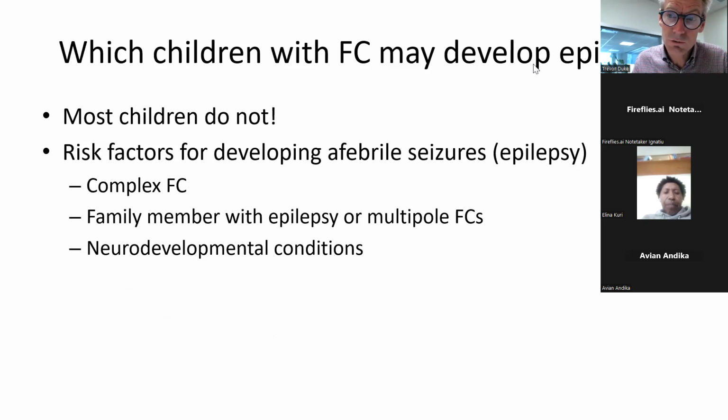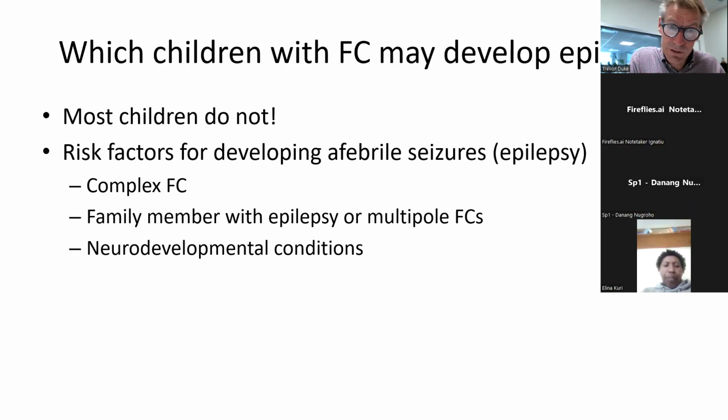So I've said this already, but which children with febrile convulsions may develop epilepsy? Well, the important thing to reassure parents is that most children do not. The vast majority of children who have one or even two febrile convulsions grow out of them and don't develop epilepsy. But there are some risk factors.